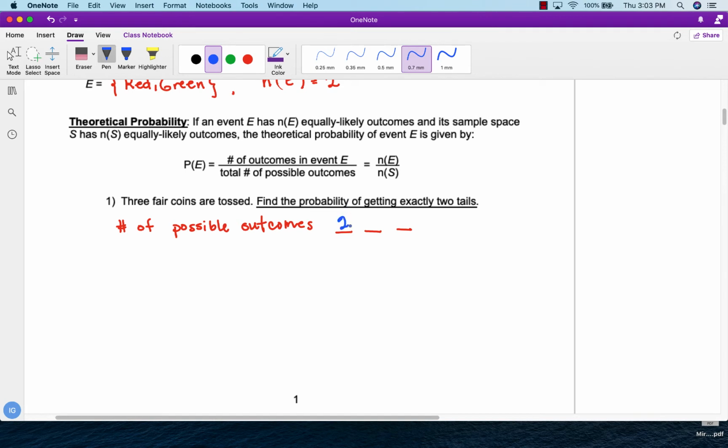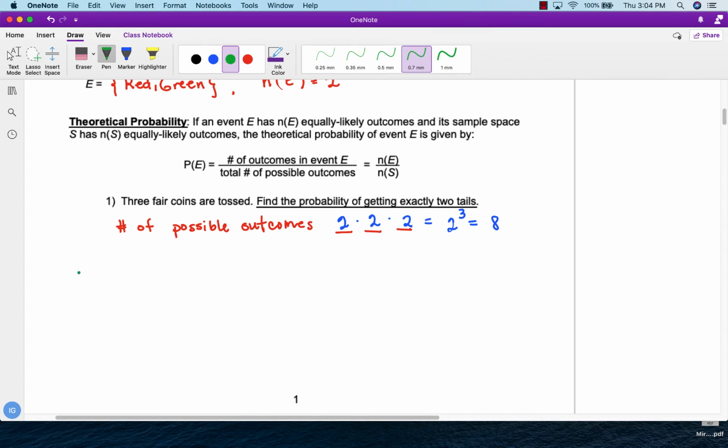So there's 2 possible outcomes for the first coin, 2 possible outcomes for the next one, and 2 possible outcomes for the last one. That is the same as 2 to the third, which equals 8, okay? So this is the total number of possible outcomes. You have 8 different outcomes.